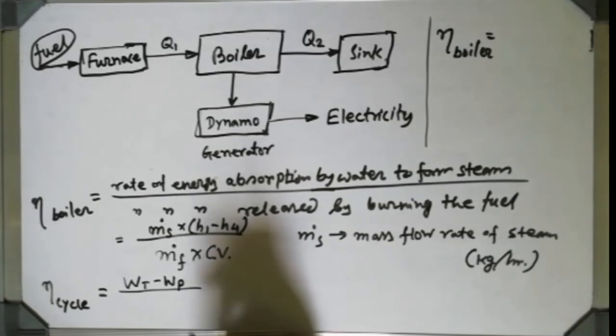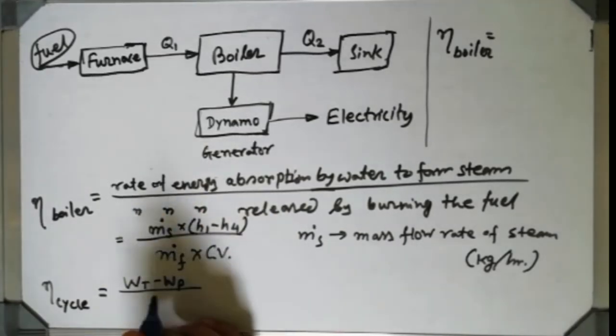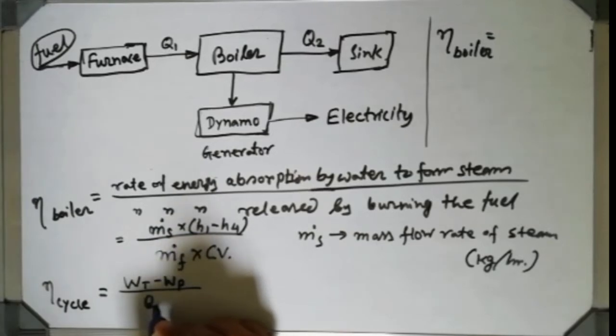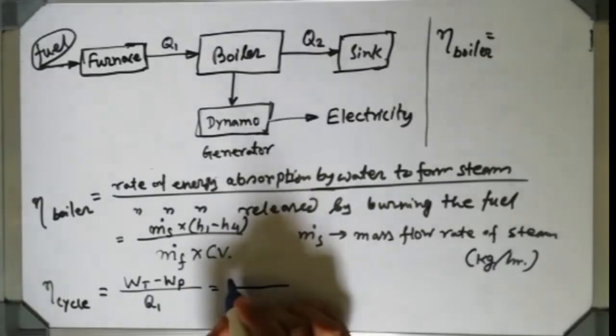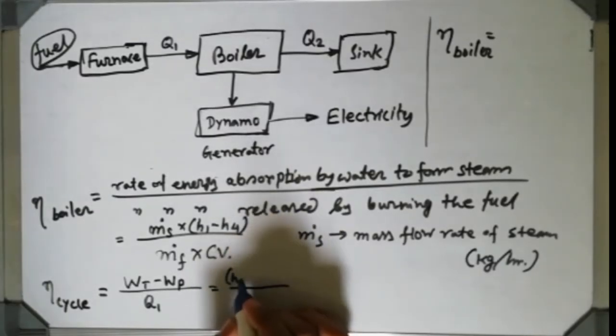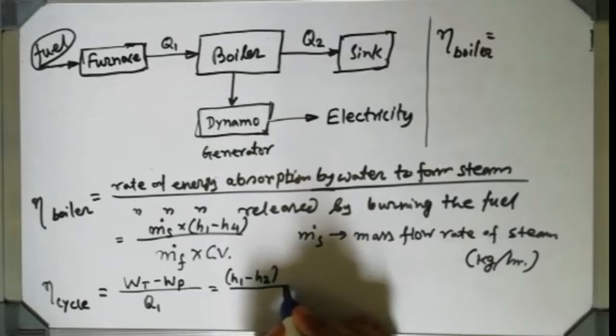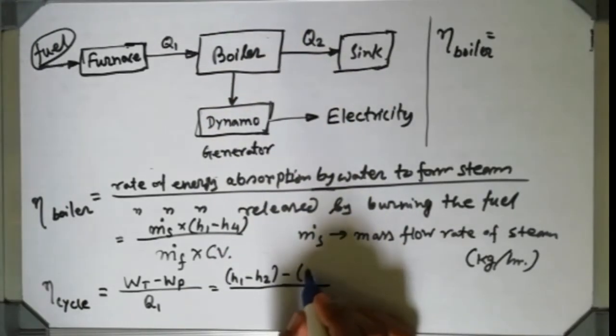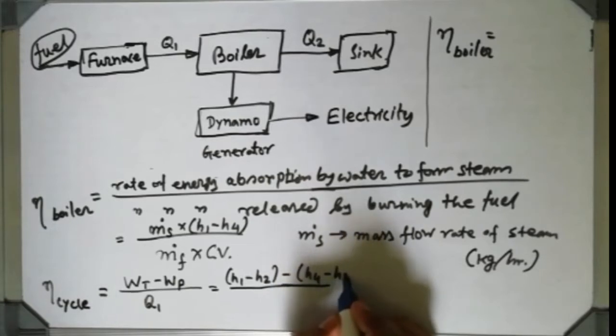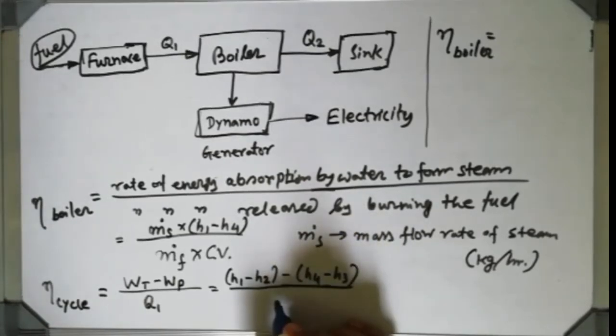Understood? And in terms of input, that is the amount of heat you are supplying in, that is the Q1. So I can write it, WT I have expressed by H1 minus H2, you can see just before that, and pump work I represented H4 minus H3, and divided by Q1, that is the amount of heat you have supplied.